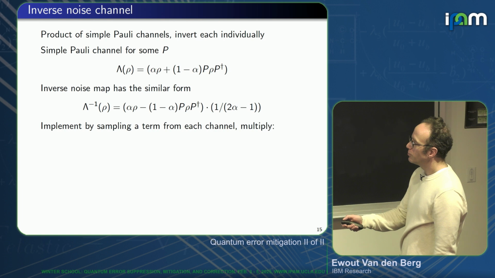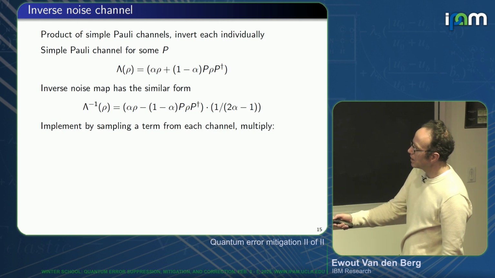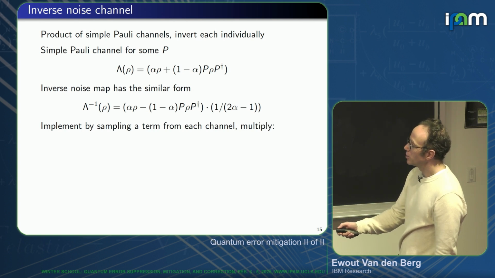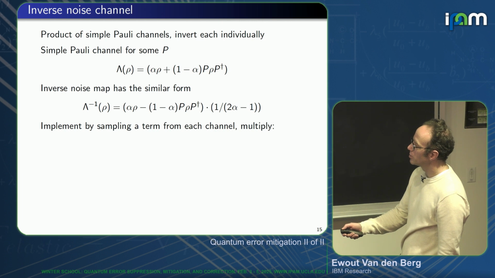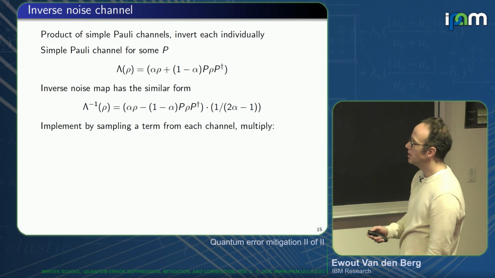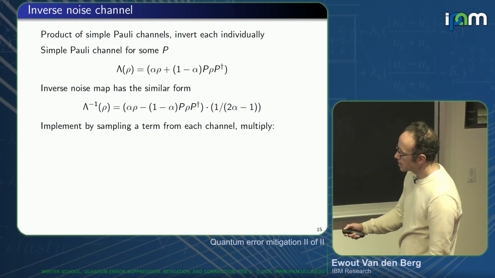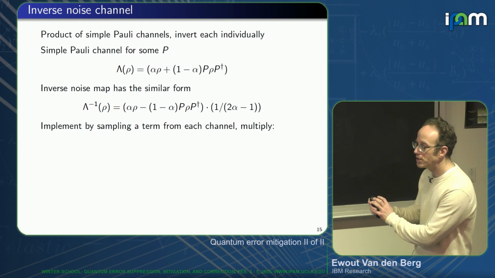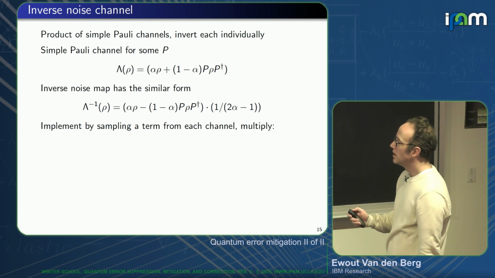So if we have some simple Pauli channel with alpha rho plus 1 minus alpha P rho P dagger, then the inverse noise map has a similar form, so it's alpha times rho minus 1 minus alpha times P rho P dagger, plus some scaling factor of gamma for this particular little noise channel, right?